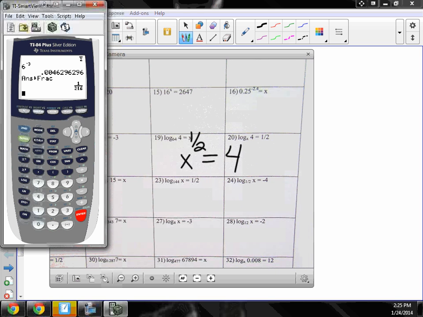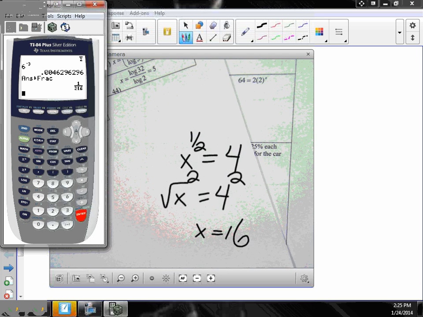What is the 1/2 power? The square root. So really this is the square root of x equals 4. So I square it, and x equals 16. Do I need a plus or minus? No. When you go from squared to square root, you do need a plus or minus. When you go from square root to squared, you do not. That takes care of the whole first page.